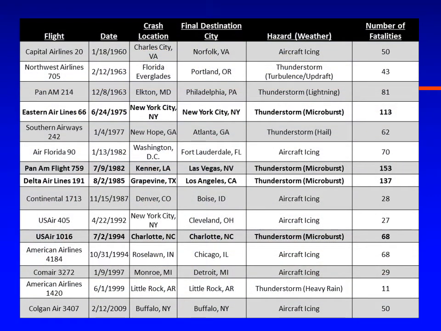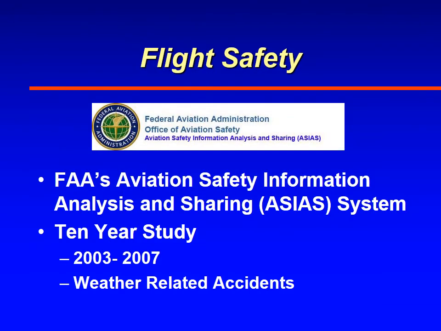And here are all the different accidents across the United States for close to 50 years of flying, all the way back to 1960. These are significant aviation weather accidents involving airlines. And you can see when an airline has an accident, a number of people die. So this is something that we try to minimize, and make sure pilots understand the risks involved. So let's get to the study.